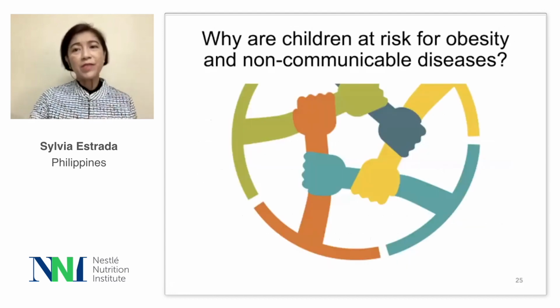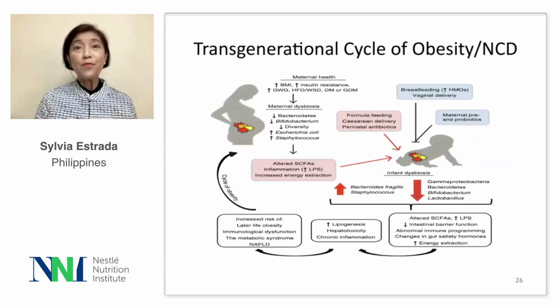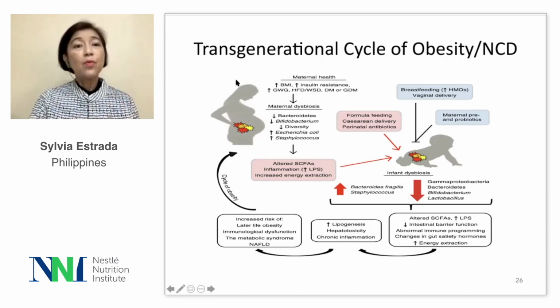So why are children at risk for obesity and non-communicable diseases? I hope I have shown you through my earlier slides, but I'd like to review with you the transgenerational cycle of obesity and NCDs. It really starts with a healthy pre-pregnant woman, with a good BMI. If you have a pre-pregnant woman who is already obese, then there is already insulin resistance in that lady. So with a rapid gestational weight gain, there is a maternal dysbiosis.